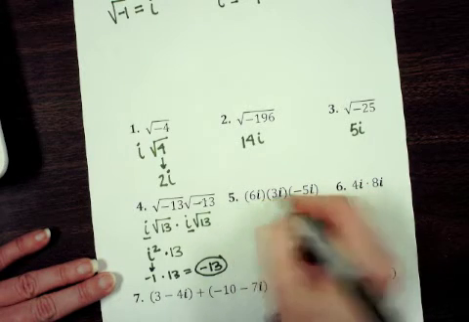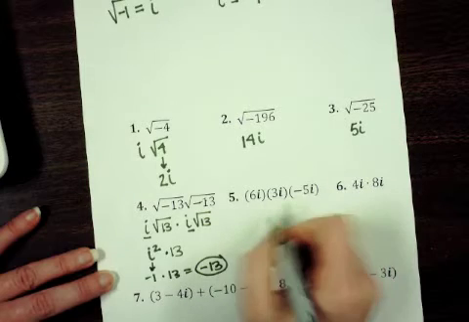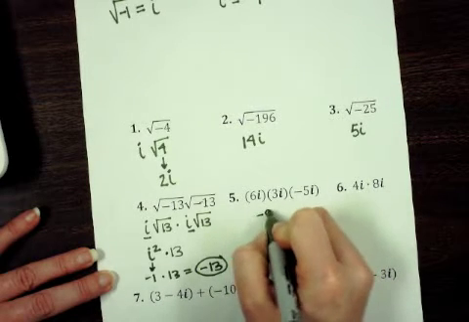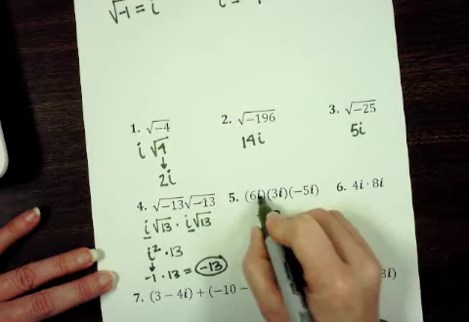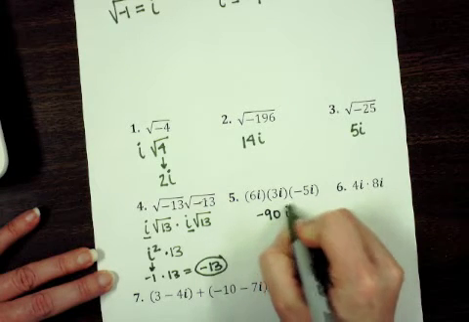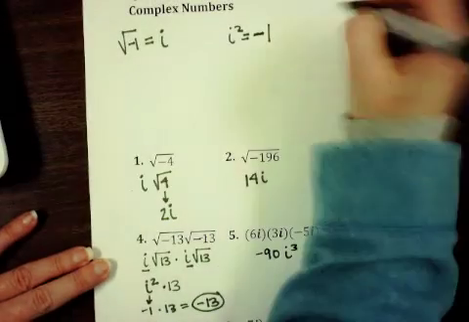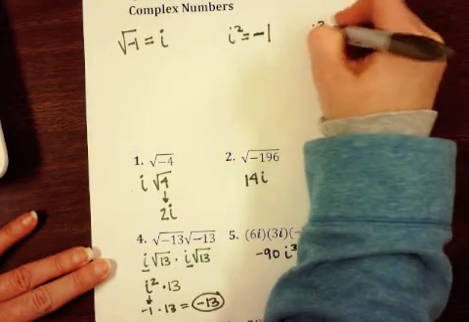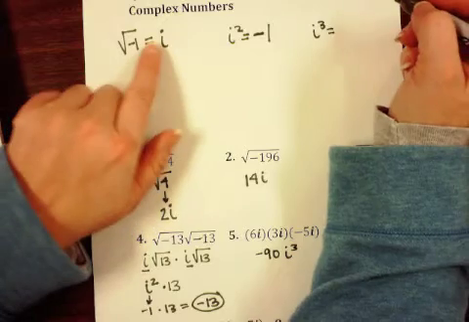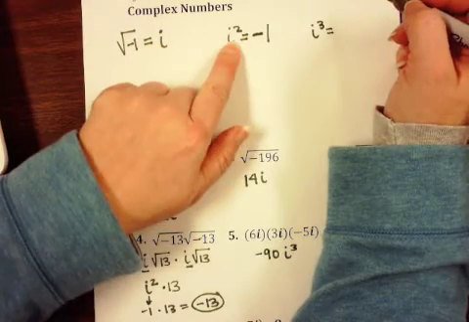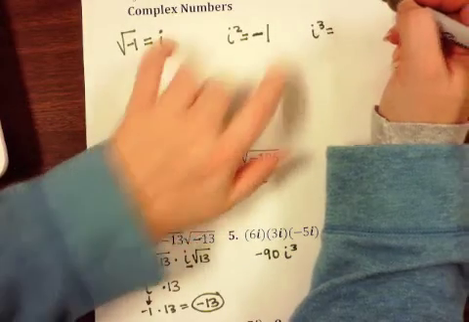What is 6 times 3 times negative 5? It's going to be negative 90. And then i times i times i is i to the third power. And to make an i to the third, that's going to be one i and two i's, so it's going to be negative i.